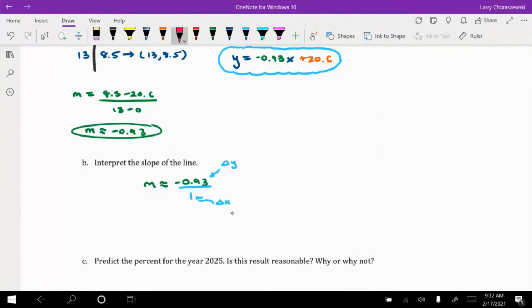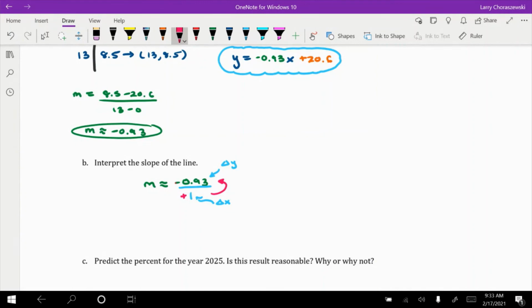So remember, we're going to want to interpret from bottom to top. And this 1 might help to indicate that it's positive, meaning that each year we go past the year 2000, the percent of 12th graders reporting decreases by 0.93%.